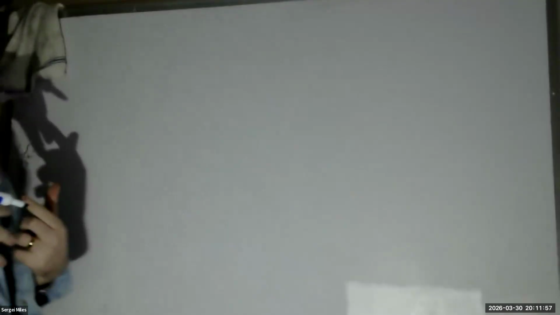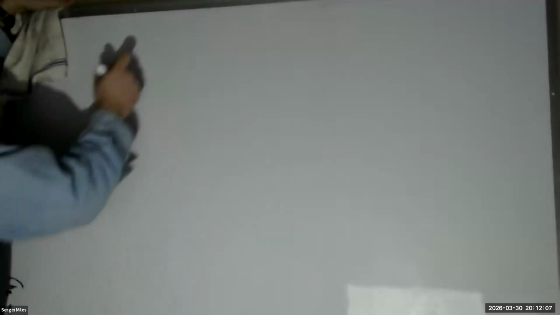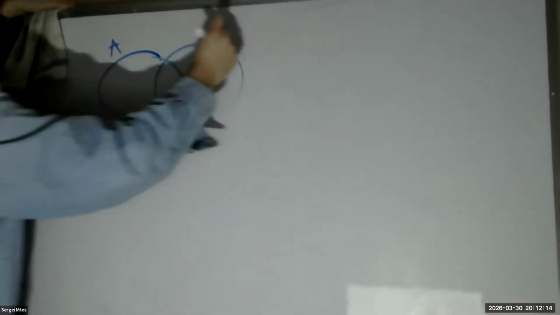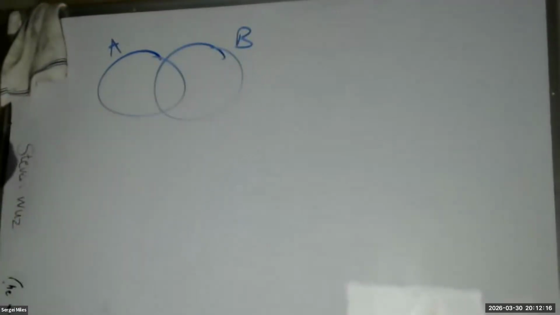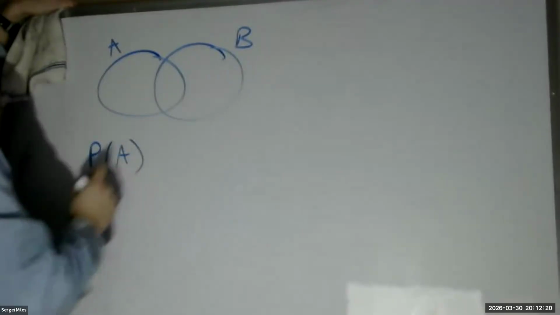So when we say find the probability of an event or find the probability of another event, we're talking about the union between those two events. However, if we think about a Venn diagram for a moment, I have event A and event B here. What is the probability of A?